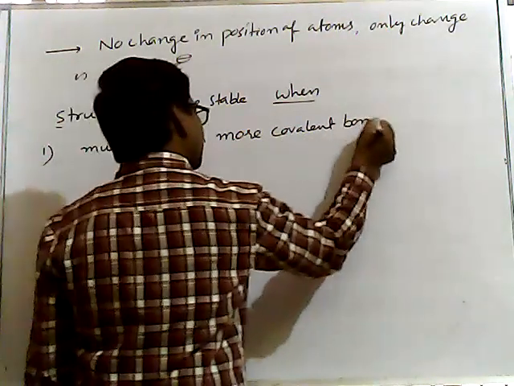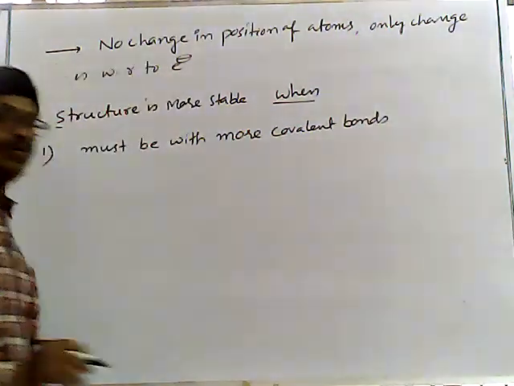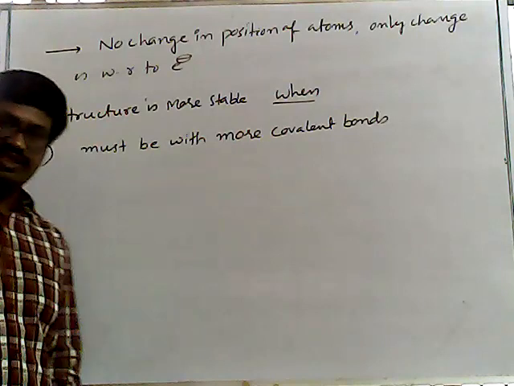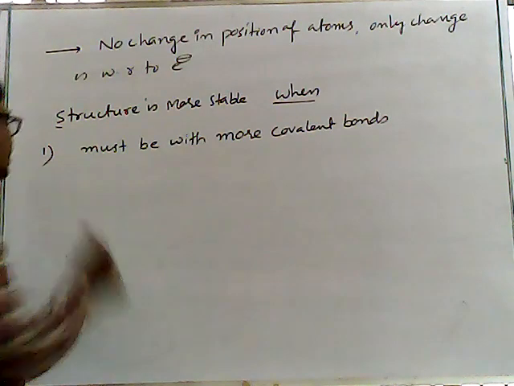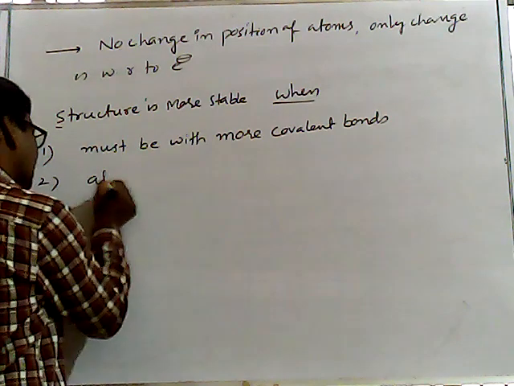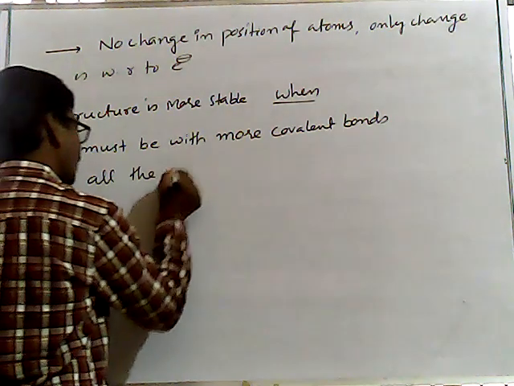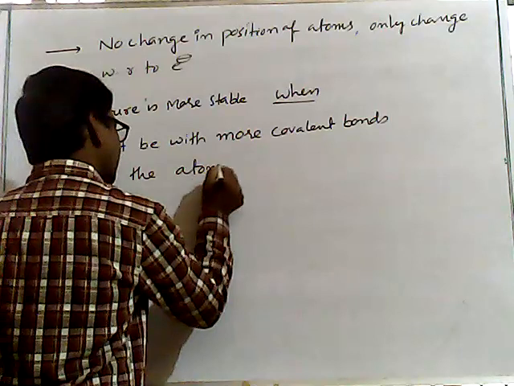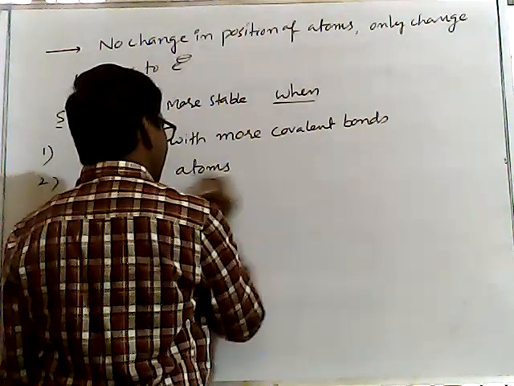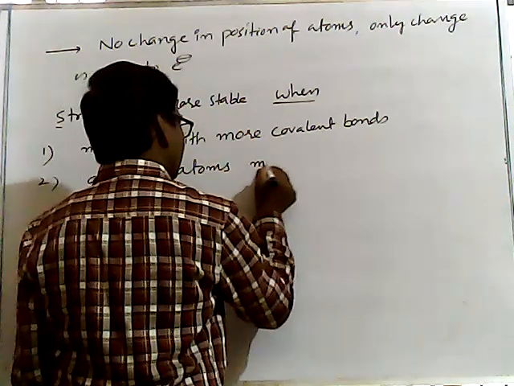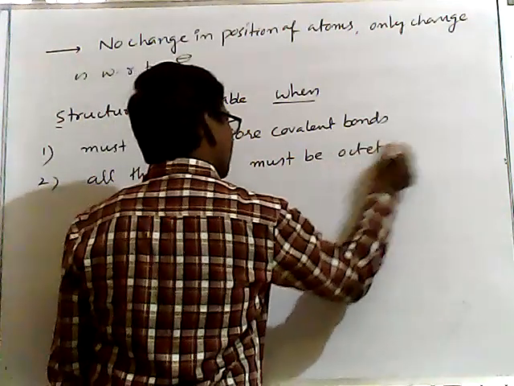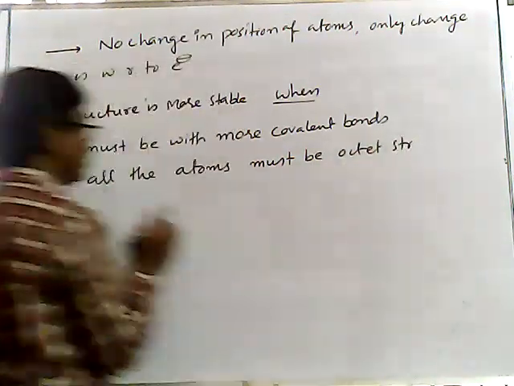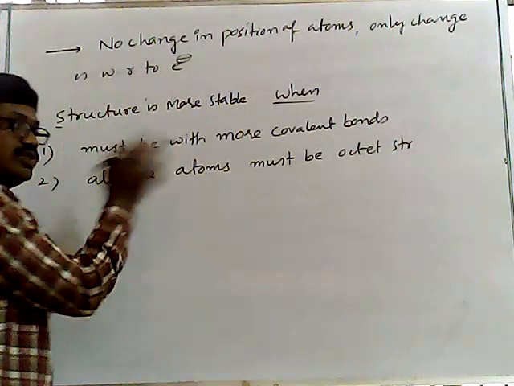A structure containing more covalent bonds is more and more stable. And the second thing is all the atoms must be with octet structure.